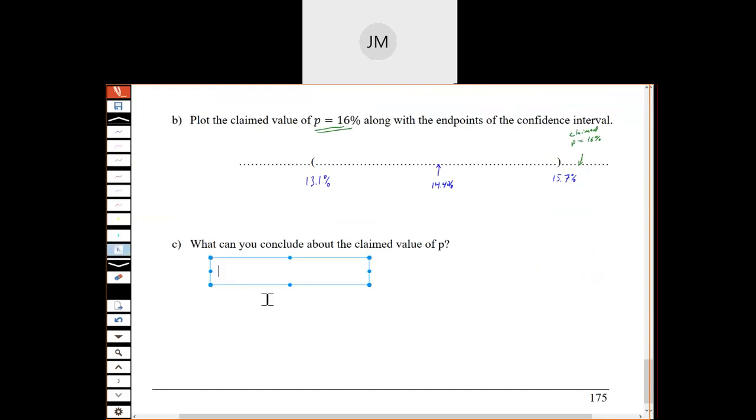So what can we conclude? Since the entire confidence interval is below the claimed value of p, there is significant evidence that the parameter p is smaller than they claimed.